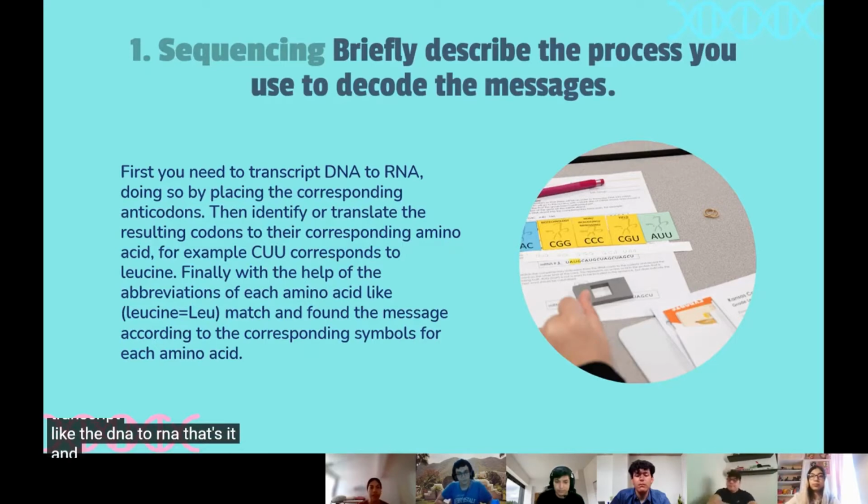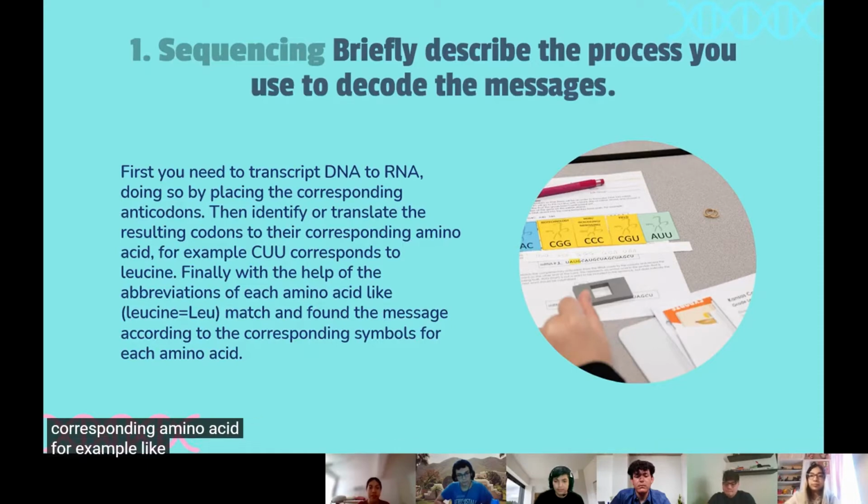We do this by placing the corresponding anticodons to the given DNA ones, and then identify or translate these codons to the corresponding amino acid.